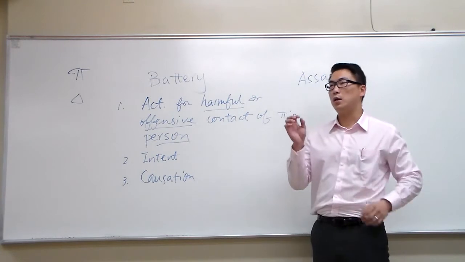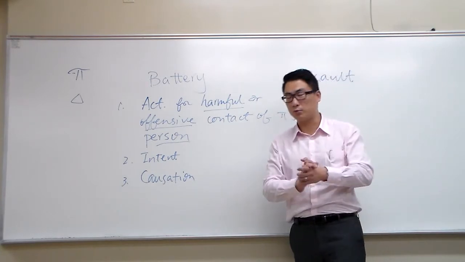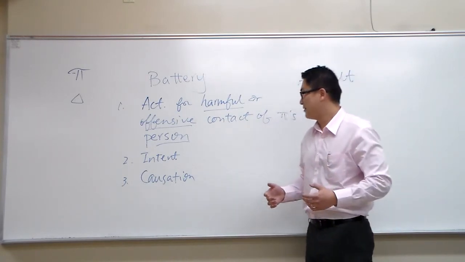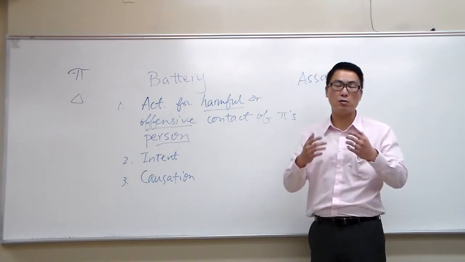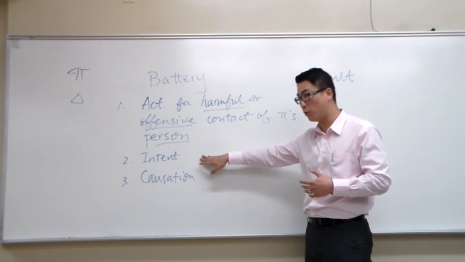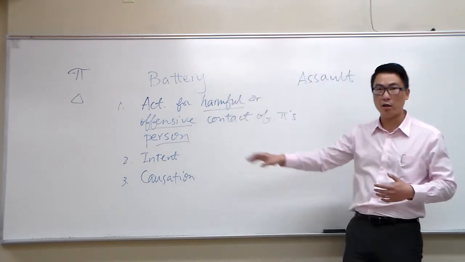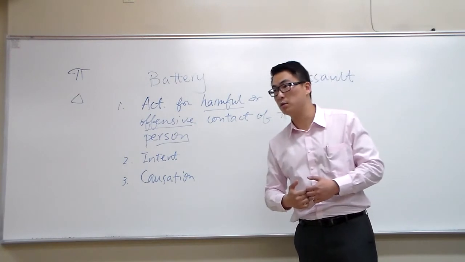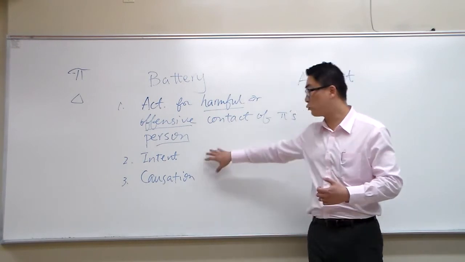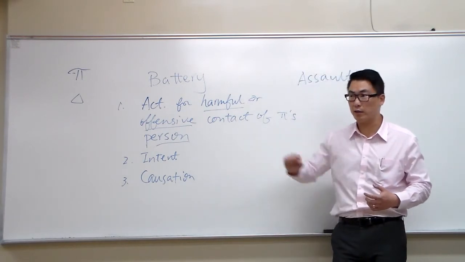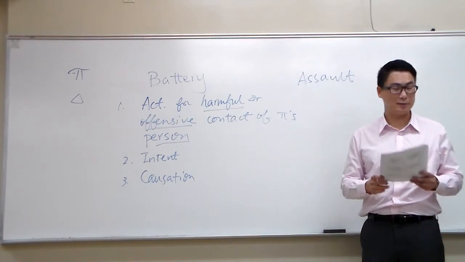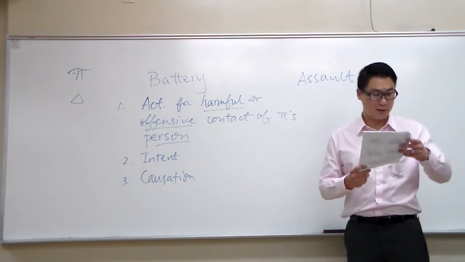And if that's the case, I hug Doc really, really hard because I like him as a friend. When he sues me, he won't sue me for battery, because he knows he cannot prove intent. One of the elements is gone, you cannot prove the entire theory. But he will sue me for negligence. You don't hug people that hard, so you can sue me for negligence, where intent is really irrelevant. We don't care about intent. Question? Good? Okay.